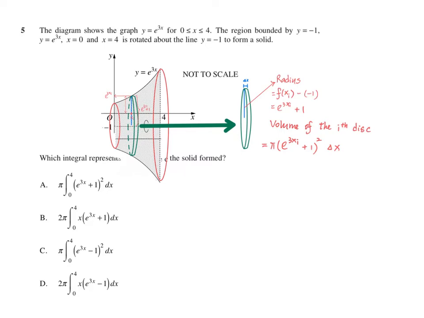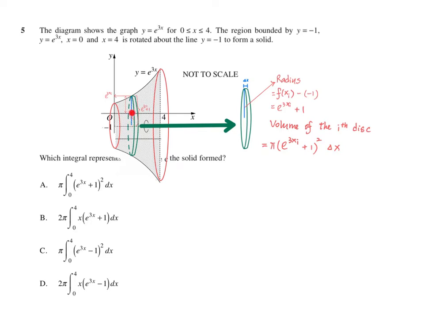The volume of this ith disc should be equal to pi times the radius squared times the thickness of this disc, which is delta x. The radius, the blue line, back to the curve, it should be this one. It is the distance from the curve all the way to the horizontal line y equals minus 1.